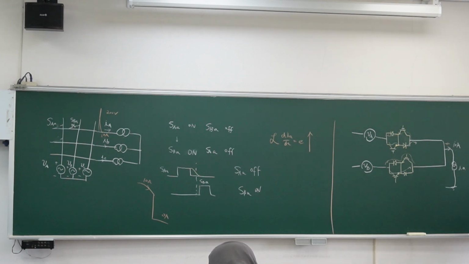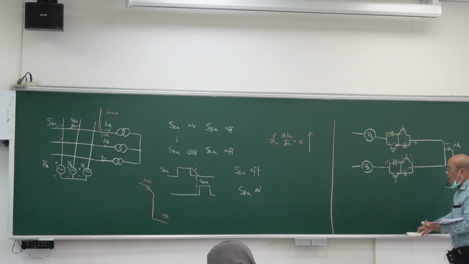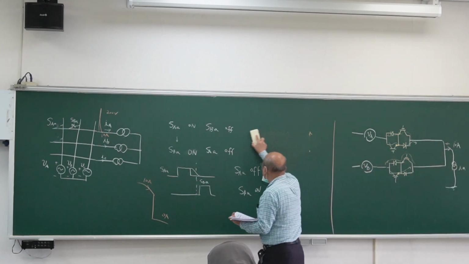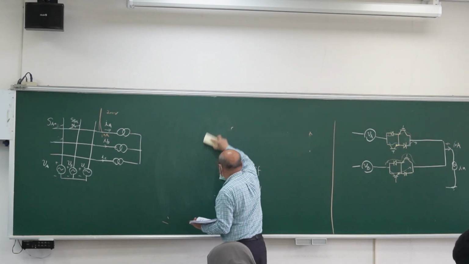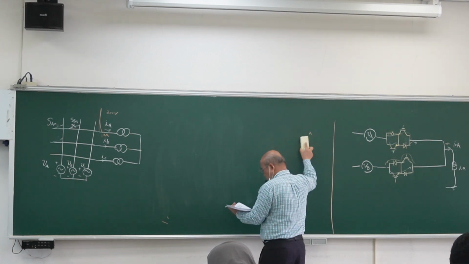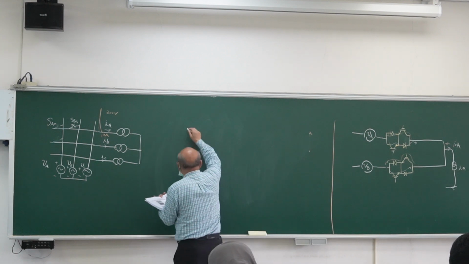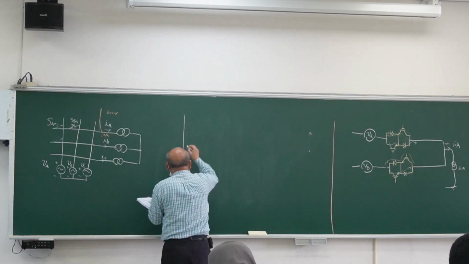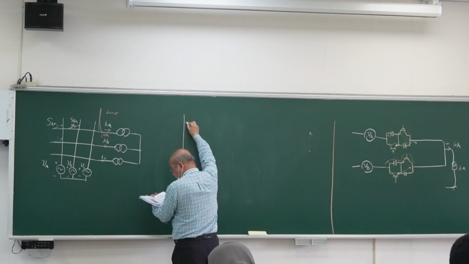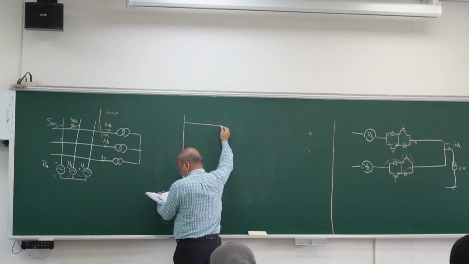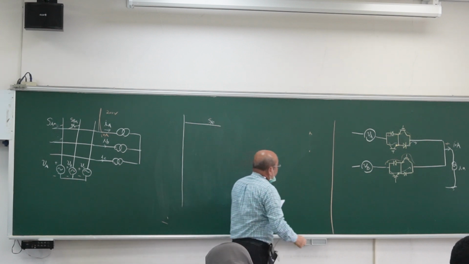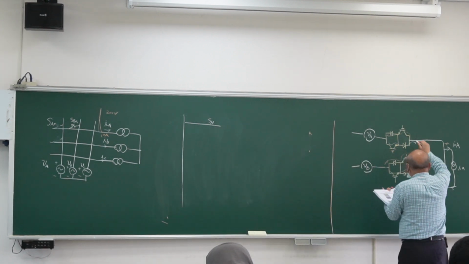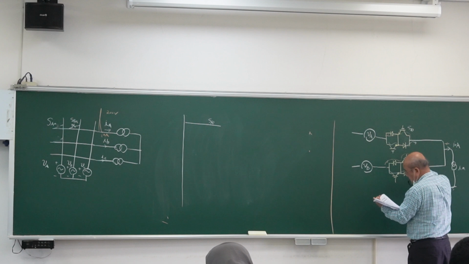So now we want to use this to explain. So we can remove this one. So we have 4 steps. So we have SA1 here.